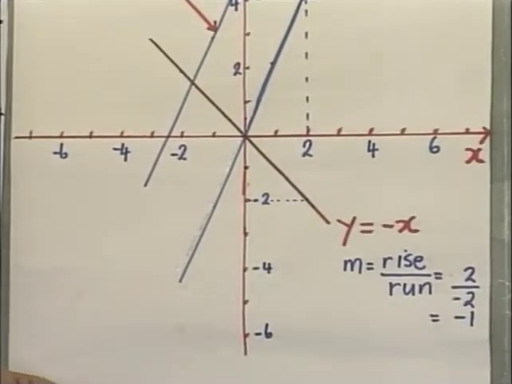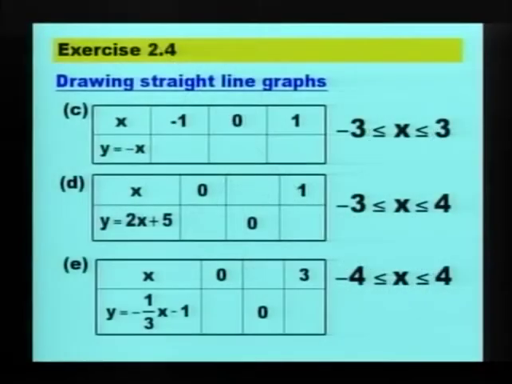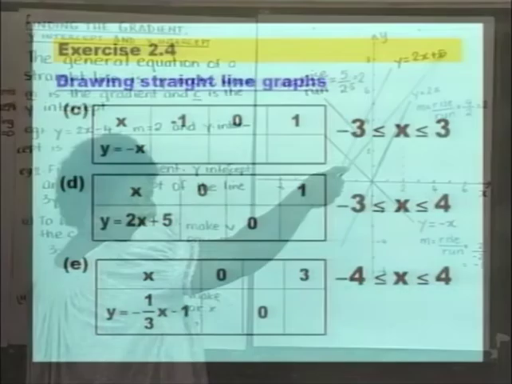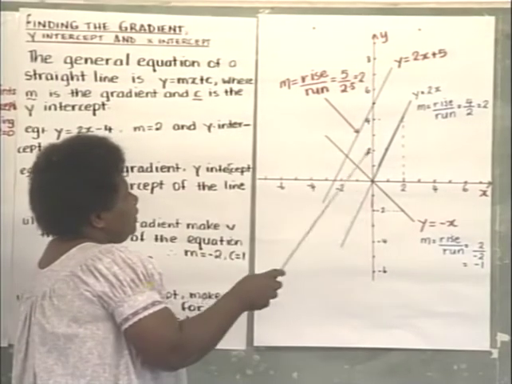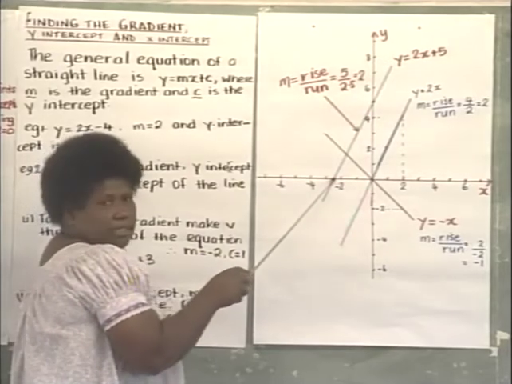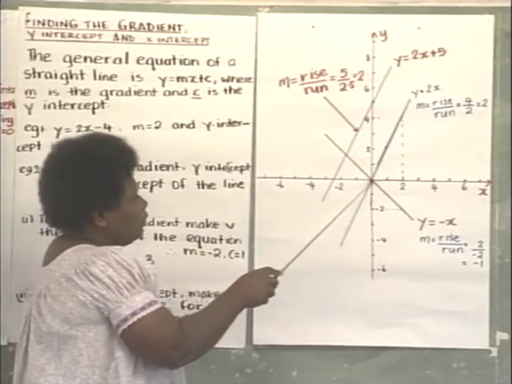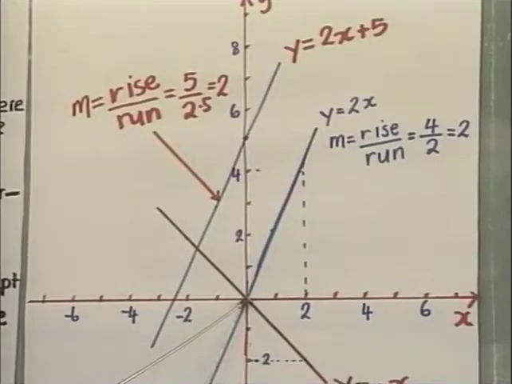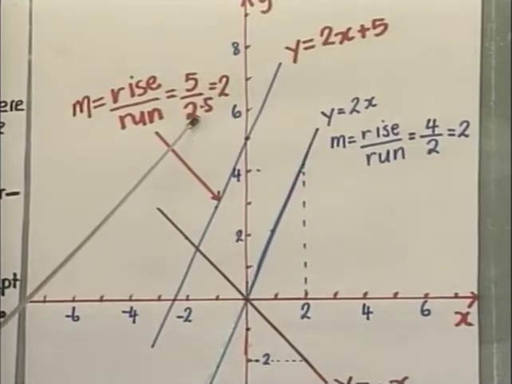Okay, the next one is letter D, which is y equals 2x plus 5. Now, 5 is the y-intercept, therefore it's that number. And again, I'm starting from the line here. Going to the right is positive, so the run is 2.5.